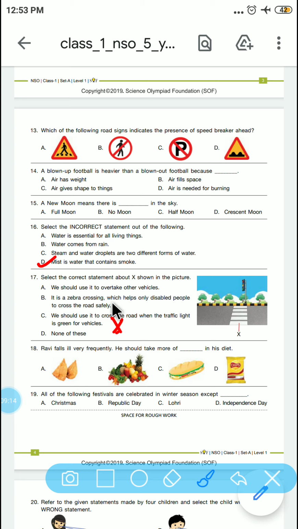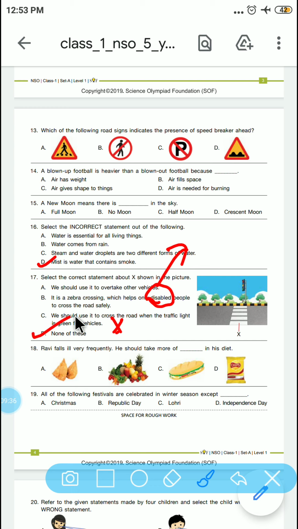So which one is correct, my dear friends? If we see option B, it is partially correct, because upon a zebra crossing it is not only the disabled who walk, abled people also use it to cross the road.